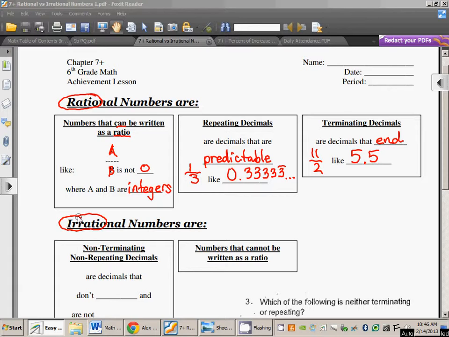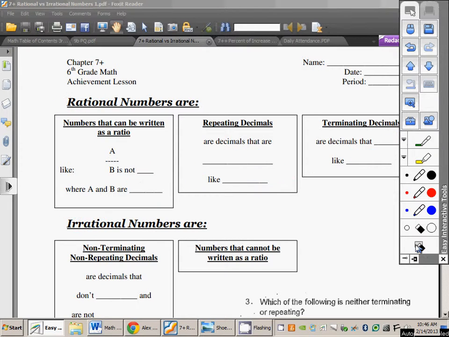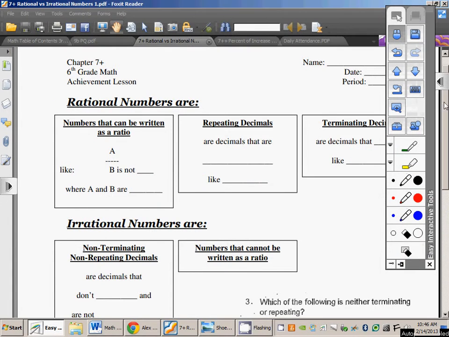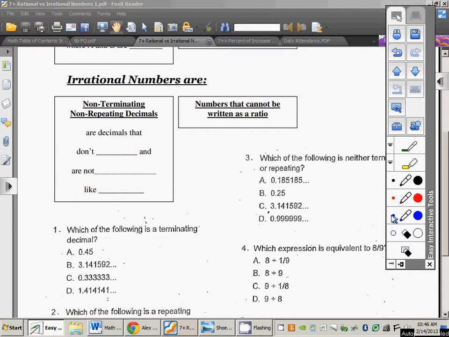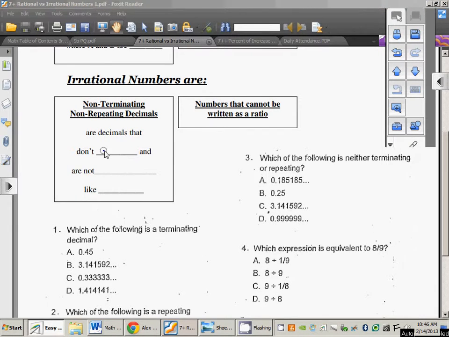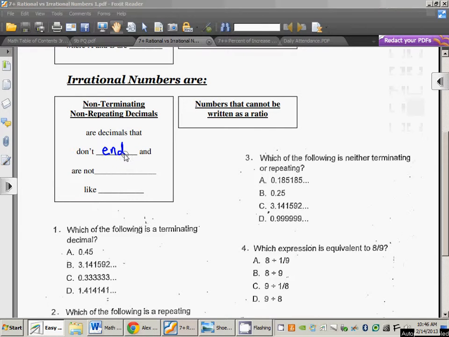So if that's making a circular ring or whatever the case may be, let me move down a little bit for irrational, okay? Irrational numbers are decimals that don't end, and they're not predictable. And our best example is 3.14.